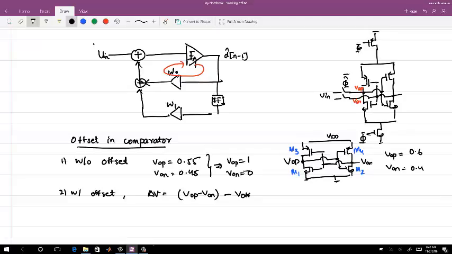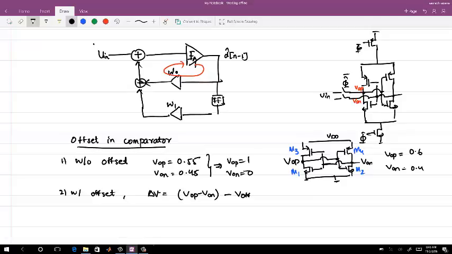If I have a 100 millivolt offset for my left pair, then I will deliberately apply a minus 100 millivolts on that to bring it down to 0. Meaning I will change the input on that. That is called cancellation of offset. And you can do it in many different ways. You can change the voltage, or you can add an extra capacitor at one node of the comparator in comparison to the second, so that one node becomes slower than the other node depending on the offset.